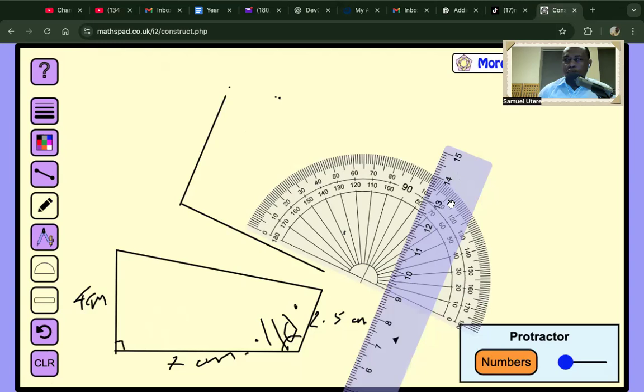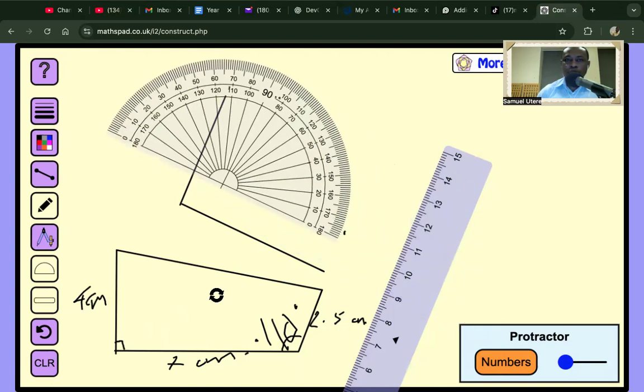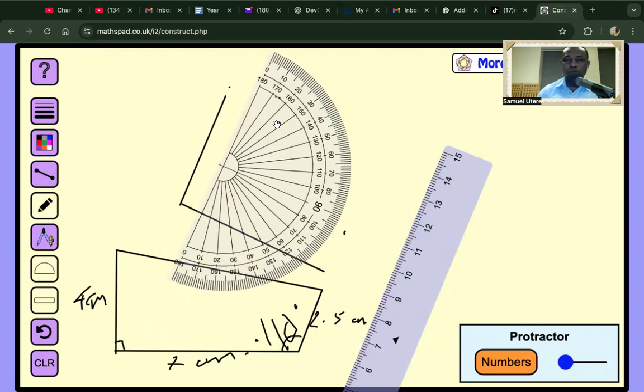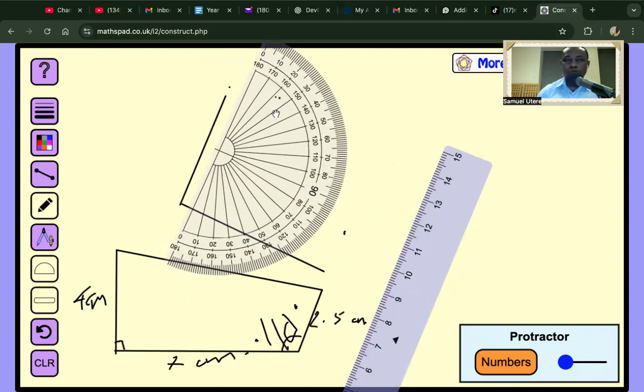Now, looking at your diagram, you would see that you're required to measure an angle of 120 degrees on this line, from that end of the line. So you move your protractor, make sure the crosshair lines up with the end of that line.